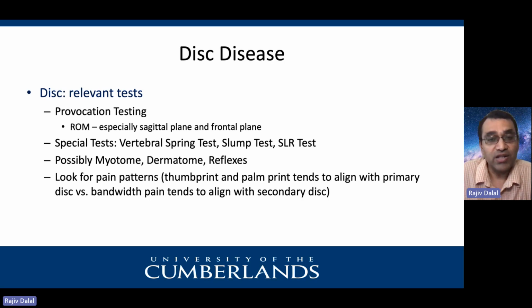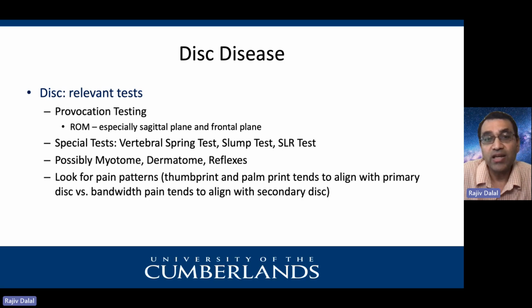Now, that being said, just a side note, the zygapophyseal joint, if you have a single level zygapophyseal joint involvement on just one side, for example, degeneration of that joint, that could also present as a thumbprint pattern of pain. So like I said, these are giving you clues, but not definitive answers. If the annulus fibrosis material is involved, then that's polysegmentally innervated.